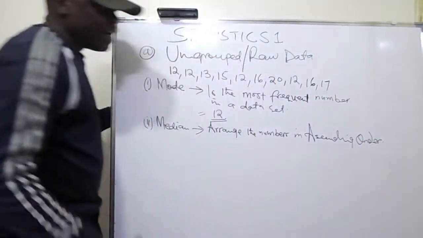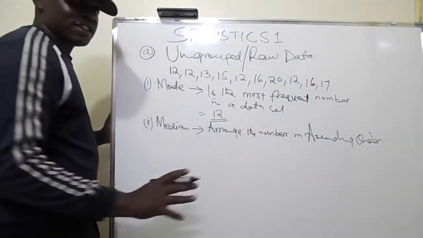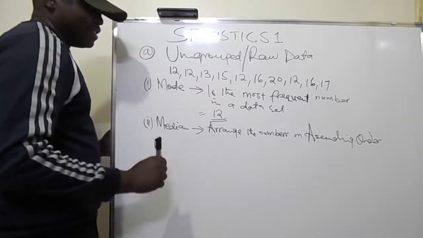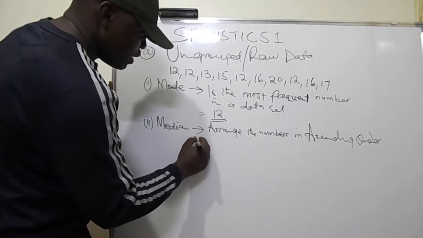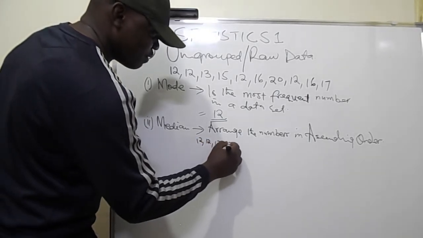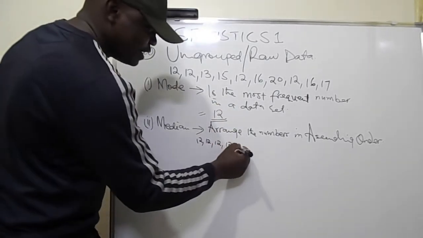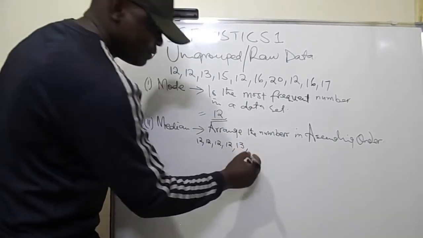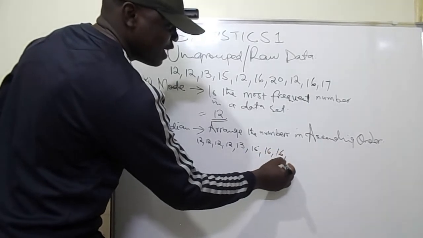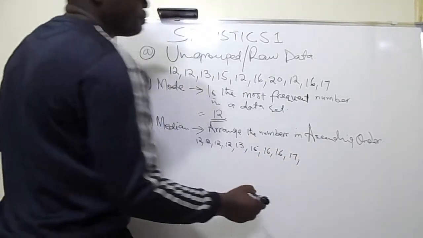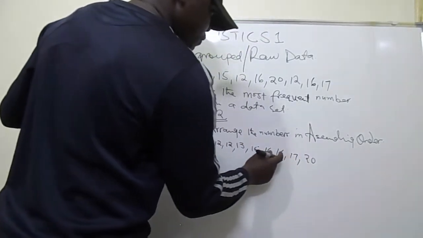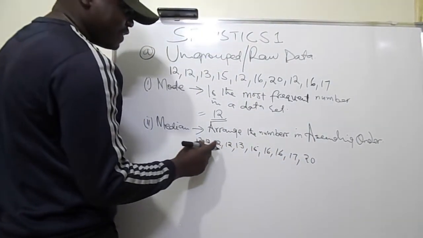This is the first stage that you must do before you go to any other stage. So we have 12, 12, 12, 12, 4 times, and then 13, then 15, then 16, again 16, then 17, and then 20. That is 10 numbers.